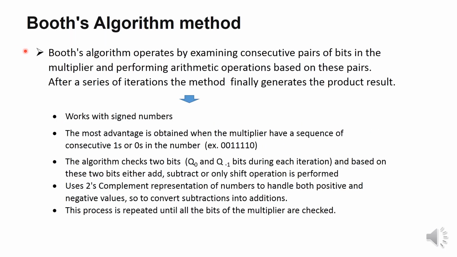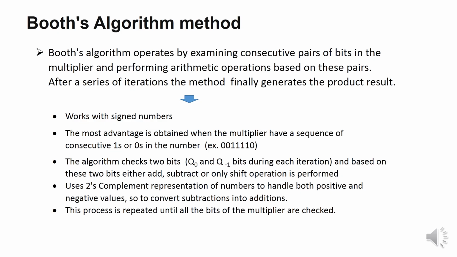Booth's algorithm operates by examining consecutive pairs of bits in the multiplier and performing arithmetic operations based on these pairs. After a series of iterations, the method finally generates the product result. First, we have to highlight that the method works with signed numbers.